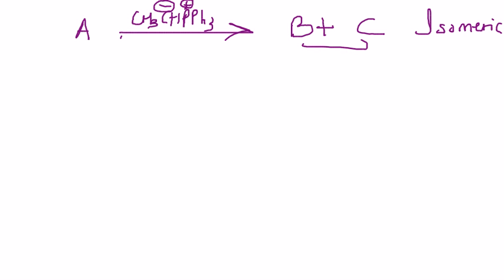So these must be some kind of alkenes, and upon treatment with ozonolysis, they give you carboxylic acids. And the two carboxylic acids that have been suggested are benzoic acid and acetic acid.